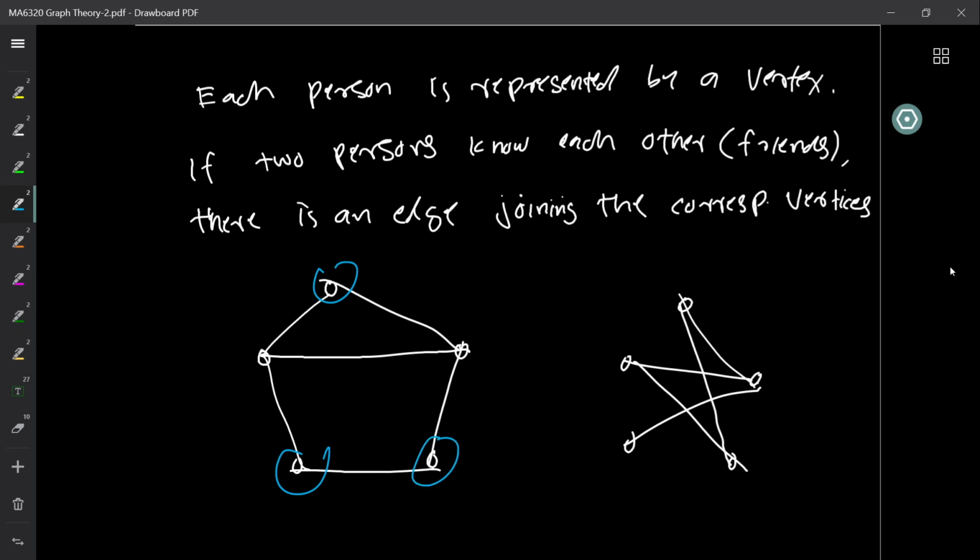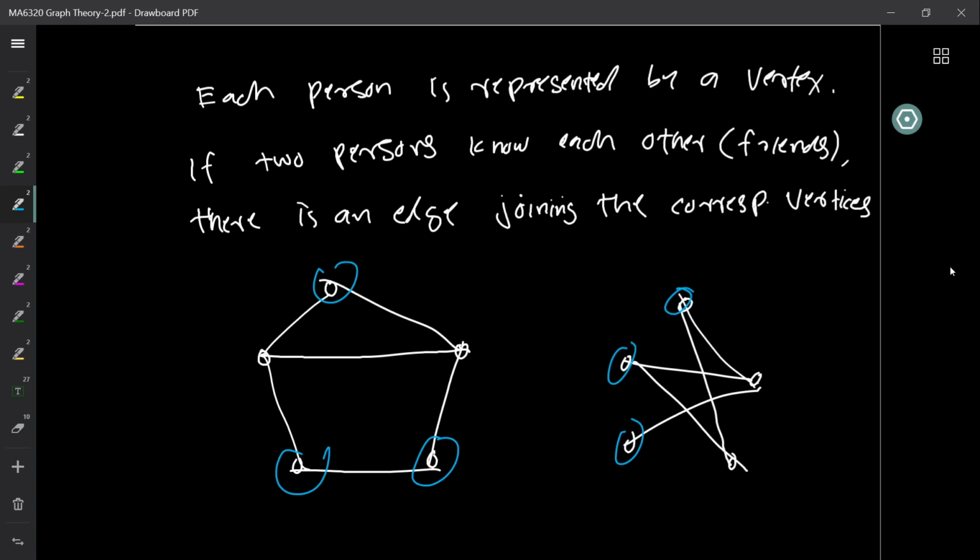So we have both happening in this case. On the other hand, if you have this, there are no three mutual acquaintances, but you have three mutual strangers. For example, these three are strangers. Now, one can formally show that if there are at least 6 vertices in the graph, it will always happen, right? With 5 vertices, you cannot guarantee it, but with 6 vertices, it will always happen.